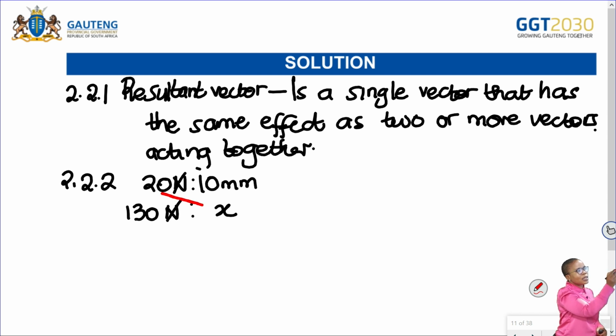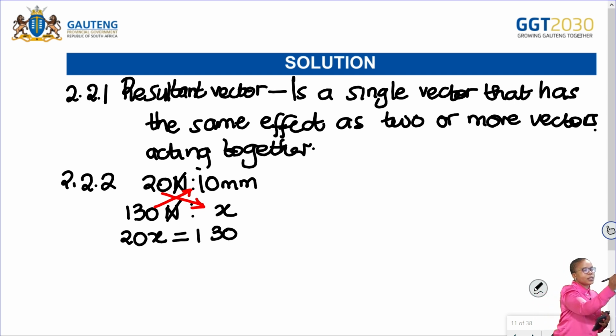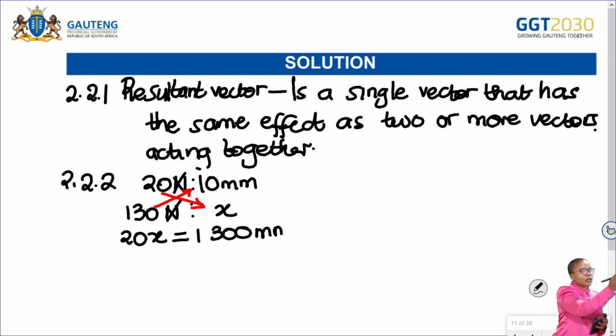20 times X gives us 20X, and then you've got 130 times 10. Then you put that into your calculator: 130 multiplied by 10 gives you 1,300, and the only unit you're left with is millimeters.